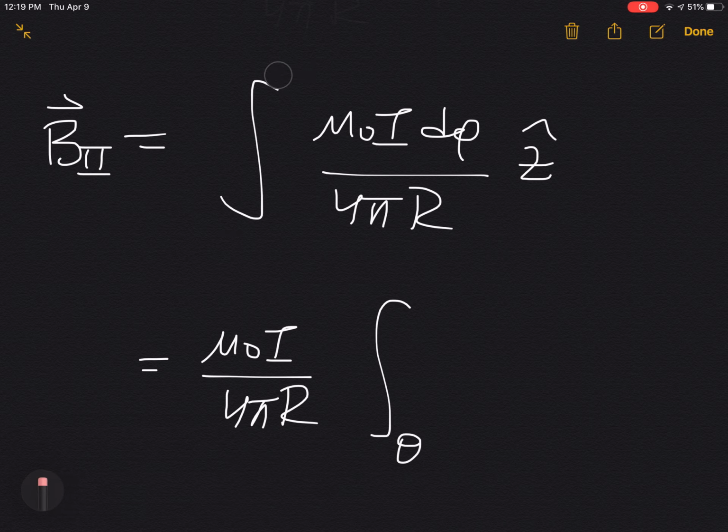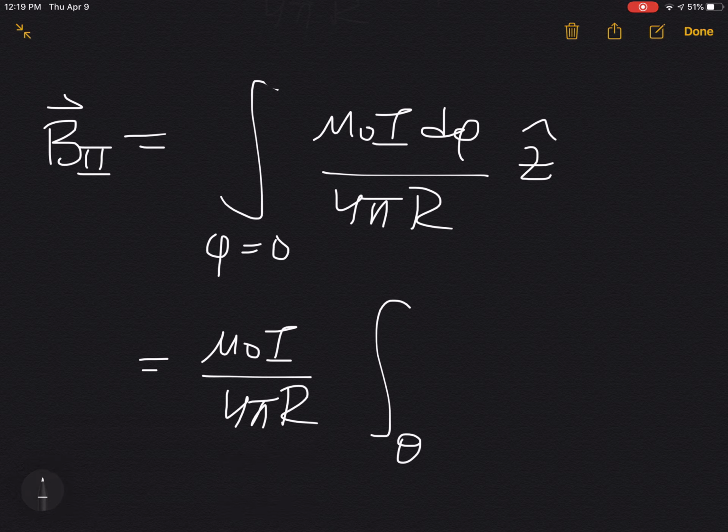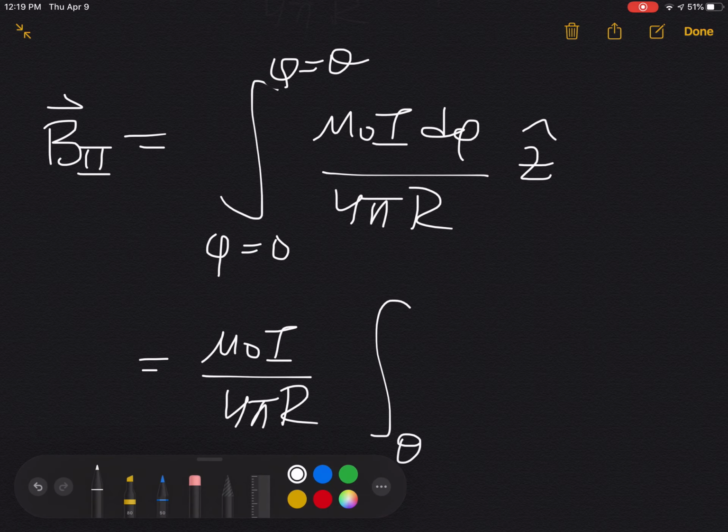Sorry. Okay. That made no sense. So this is phi equals 0 to phi equals theta. So this should also be changed.